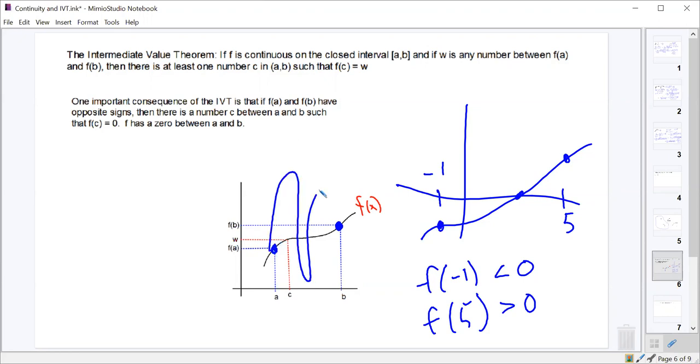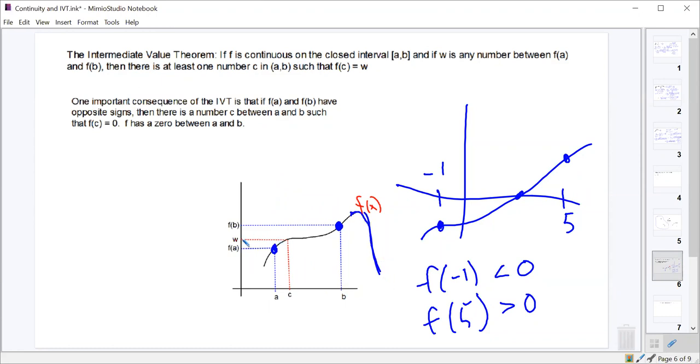Like if I draw my picture like this, suppose I chose this one, that doesn't give me a value between f of A and f of B. So it only works this one way, where if we pick any y value, we know that we can obtain it by using some x value. Now, it's not to say that that's the only way to get it, right? Because this function might drop back down like this again.